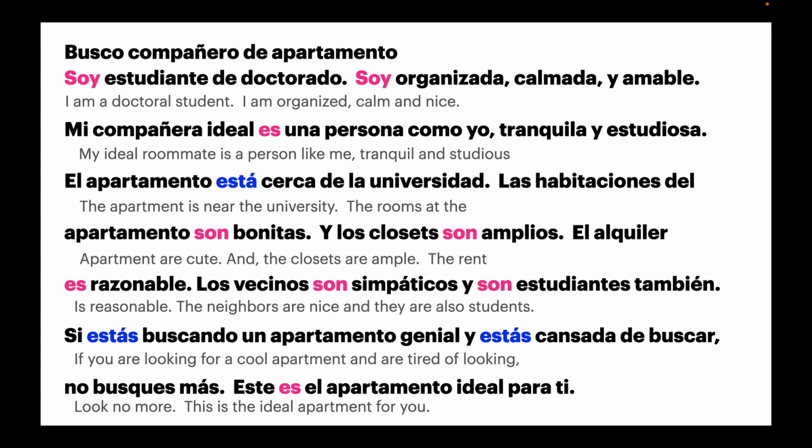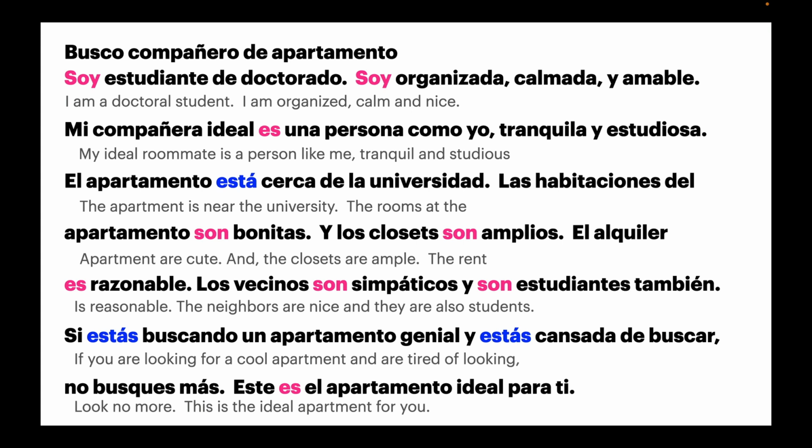So if you take a look at the instances where this person used ser, in most of the instances, she is using ser to express the traits or the characteristics of a person or a thing. Por ejemplo, soy estudiante, soy organizada. Mi compañera ideal es una persona como yo. Las habitaciones del apartamento son bonitas.